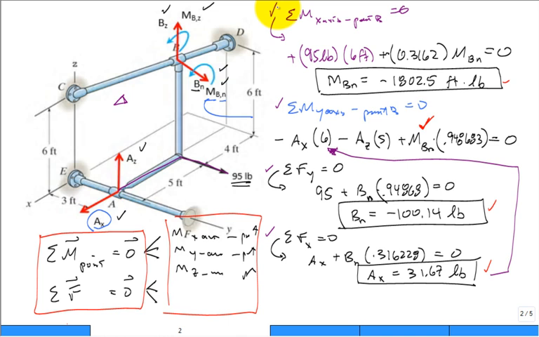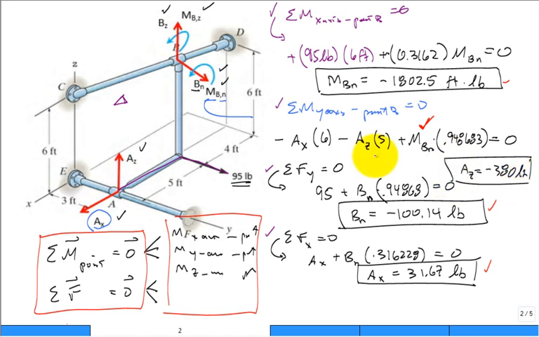I have one more moment axis equation, and one more direction of the forces, so I'll finish it out. So we're solving from this equation for AZ, and AZ comes in at negative 380 pounds. And you should check it. I encourage you to check it.